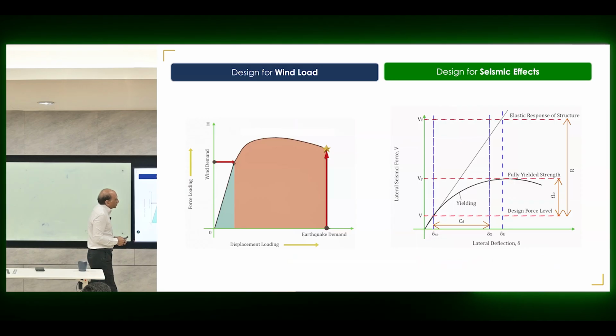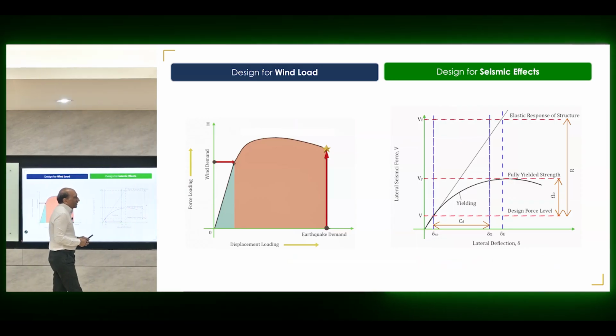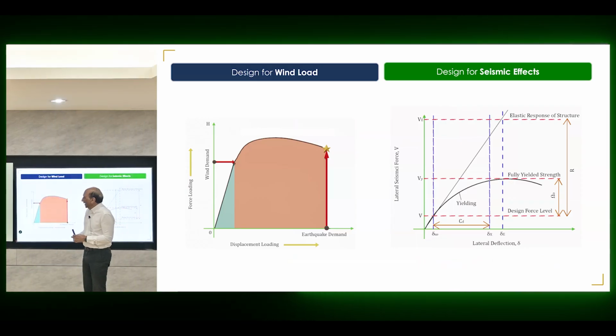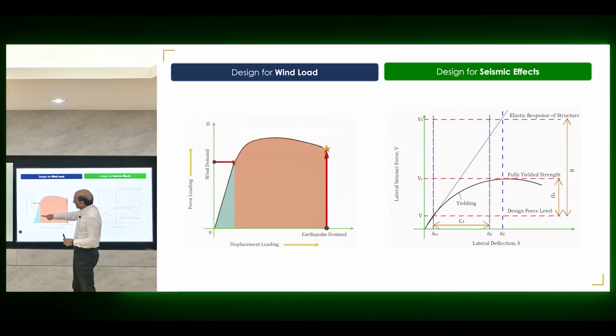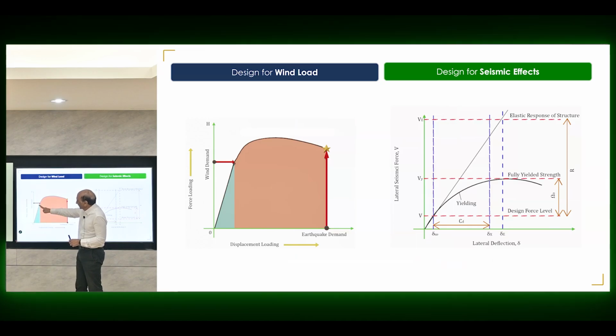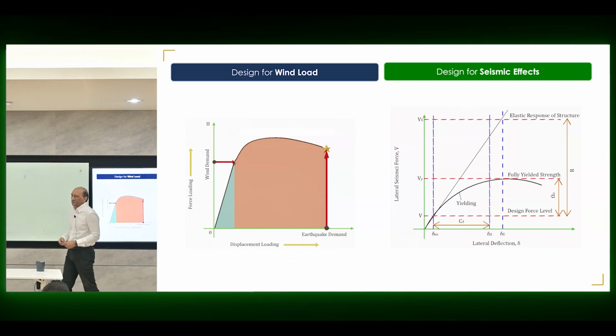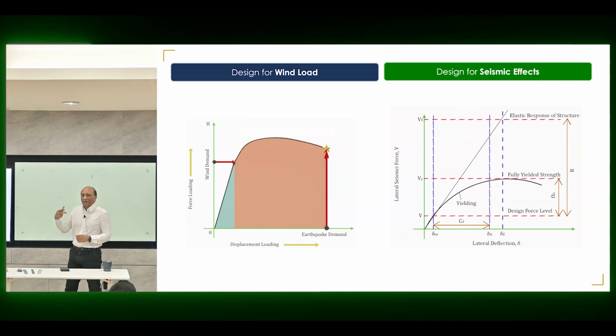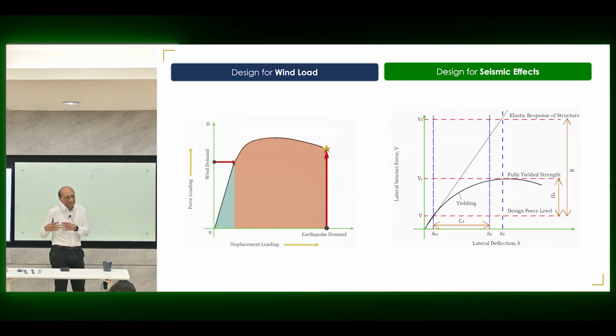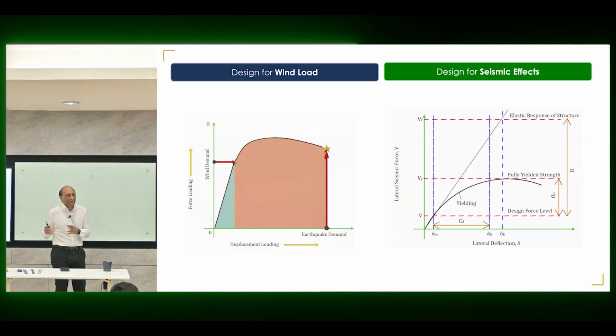Second thing is that displacement will produce forces, and those forces are now treated very differently. In wind, we treat those forces produced because of the displacement within the linear elastic range of the components. So we want every component in the structure to remain within the linear elastic range, or, to not say exactly linear, before it reaches its capacity.